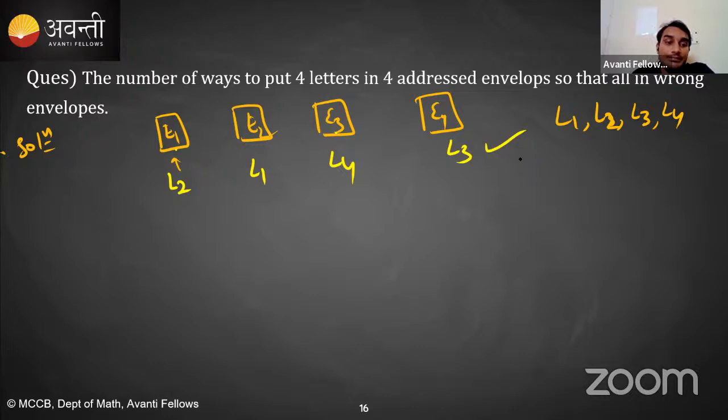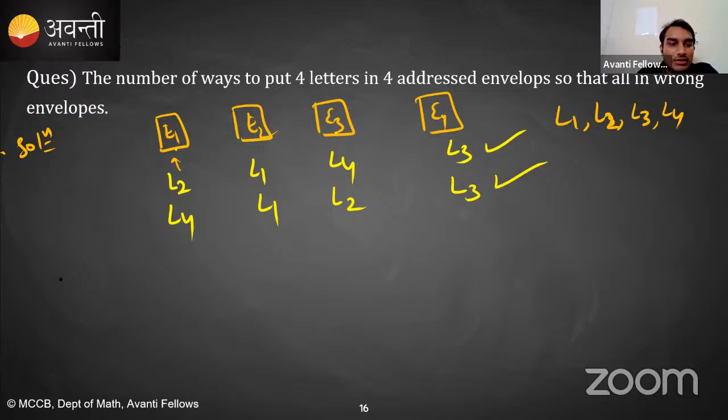This is one of the ways. It can also be that the fourth letter comes into E1, and here the first letter, here the second letter and here the third letter. This is also one of the arrangements. Are you able to understand? If it is E1, L1 should not come here. If it is E2, L2 should not come here. If it is E3, then L3 should not come, and if it is E4 then L4 should not. That's all. So what are the required possible ways?